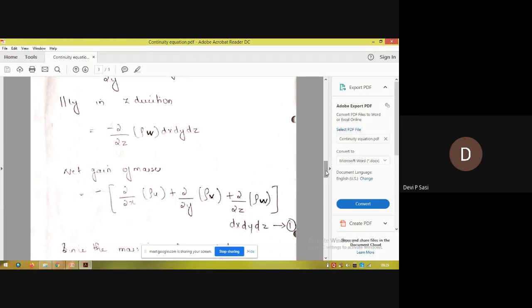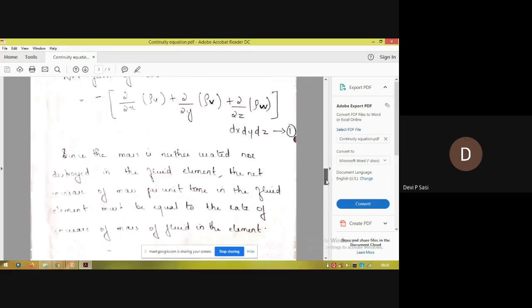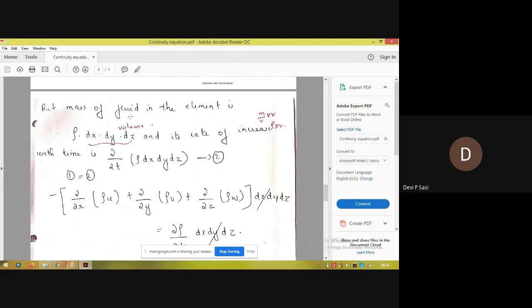As you have learned in physics, mass is neither created nor destroyed in a fluid element. So the net increase of mass per unit time in a fluid element is equal to the rate of increase of mass in that element. The mass of fluid in the element, represented as m, can be written as rho into volume.